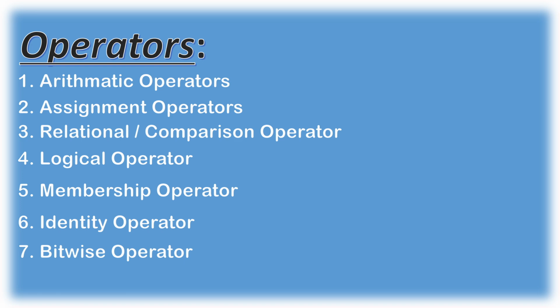Okay, so there are a lot of operators. We have arithmetic operator, assignment operator, relational or comparison operator, logical operator, membership operator, identity operator, bitwise operator. So we'll be going through them one by one. All right.